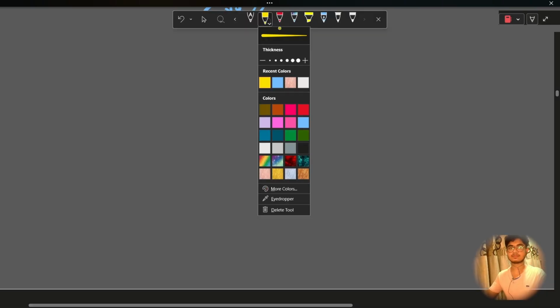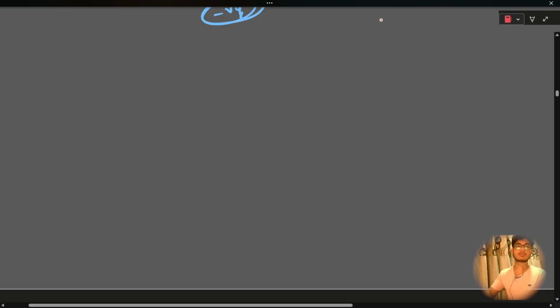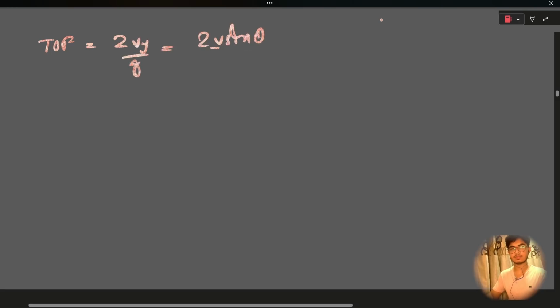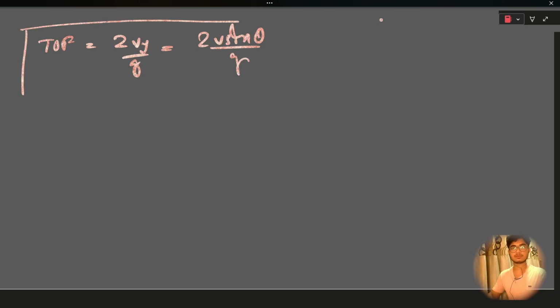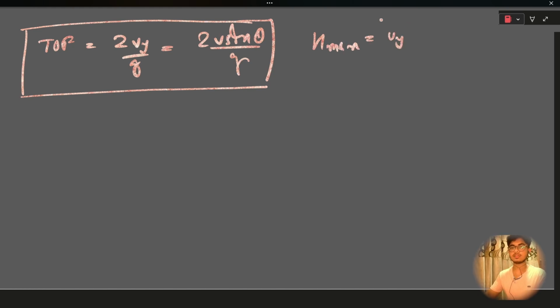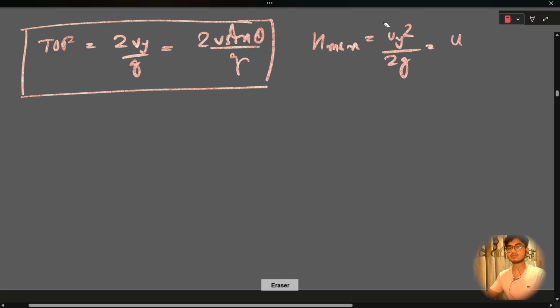That is, time of flight is 2Vy by G equal to 2V sin theta by G. H max is Uy square by 2G equal to U sin theta whole square by 2G.